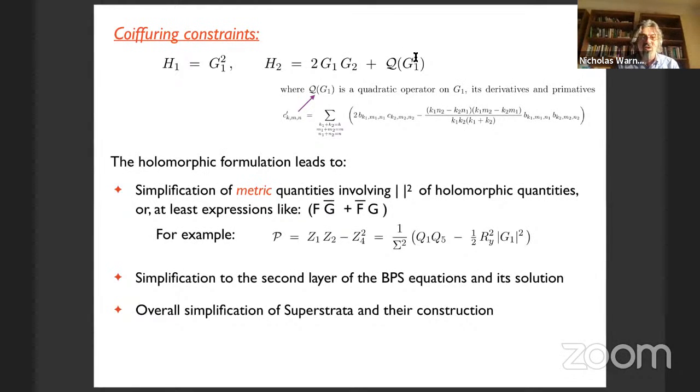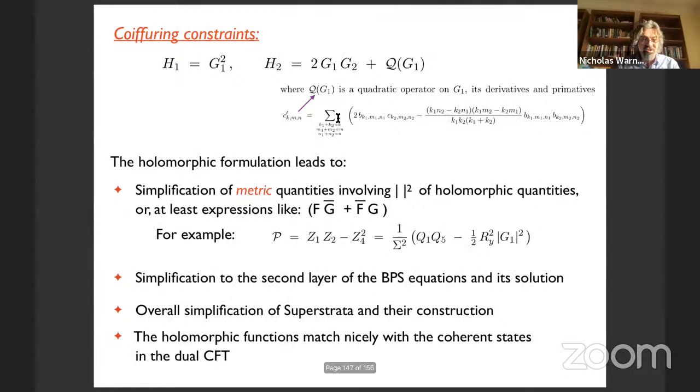There is an underlying holomorphic structure, and you should have suspected that from the D1-D5 CFT. Remember, these geometries are encoding coherent states, and coherent states naturally have a Bargmann representation in terms of holomorphic variables.